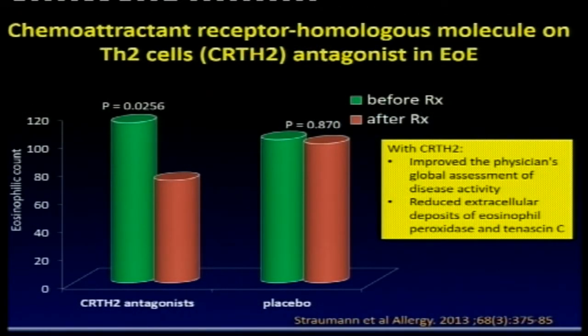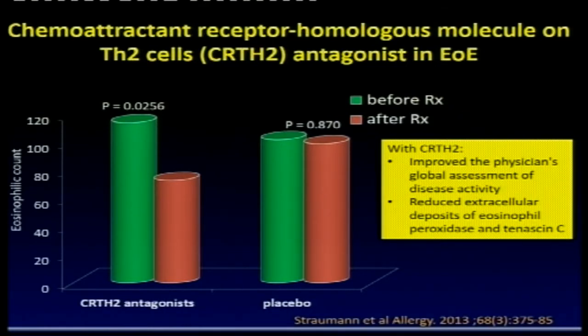Another medication is called CRTH2, which is chemoattractant receptor-homologous molecule on Th2 cells. They found that when compared to placebo, before and after treatment, you will see good eosinophil count response with this medication, while in placebo they have no response.